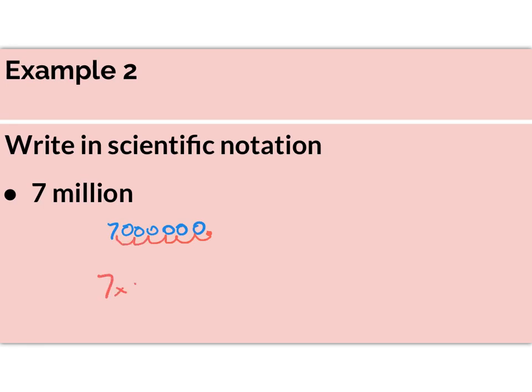So 7 times 10 to the 6th power tells us that this exponent is positive, even though it's not written as positive, and that tells us that we have a number that is bigger than 1. So 7 million is bigger than 1, and is 7 times 10 to the 6th power.